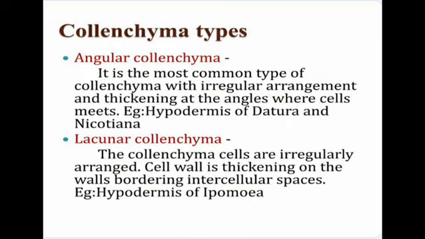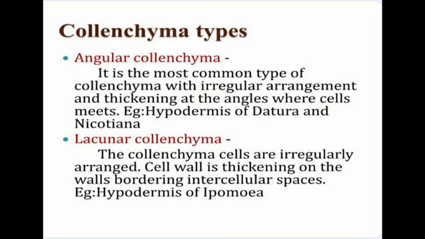Types of collenchyma. 1. Angular collenchyma. It is the most common type of collenchyma with irregular arrangement and thickening at the angles where cells meet. Example, hypodermis of Datura and Nicotiana. 2. Lacunar collenchyma. The collenchyma cells are irregularly arranged. Cell wall thickening is on the walls bordering intercellular spaces.